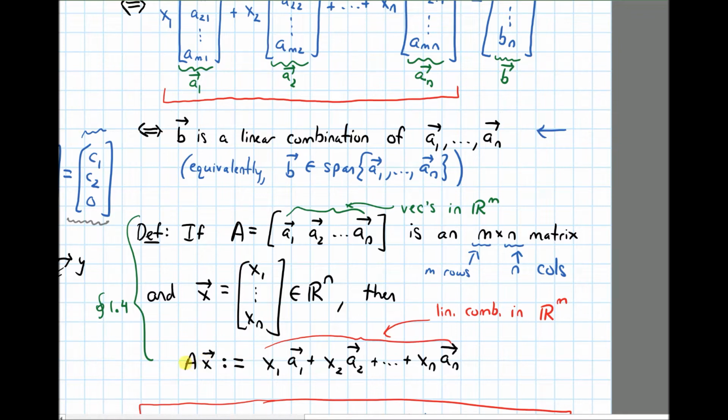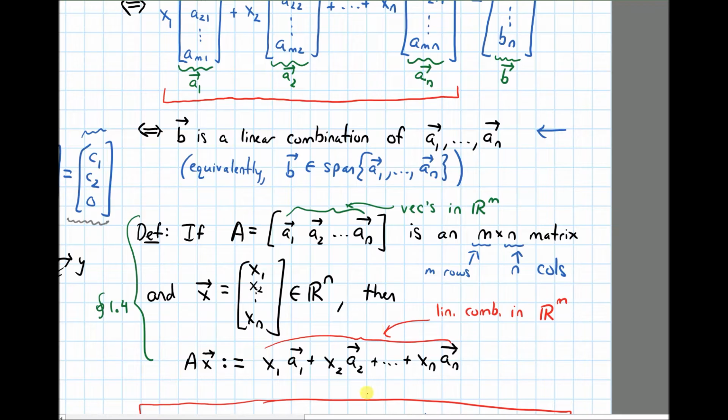If I want to multiply a matrix with a vector, what that is defined to be equal to is we take the first column of A, a1, multiply it by the first entry of x, x1, added to the second column of A, which is a2, times the second entry of x, x2, and I keep adding terms like that until I get to the last column of A, which is an, multiplied by the last entry of x, which is xn.